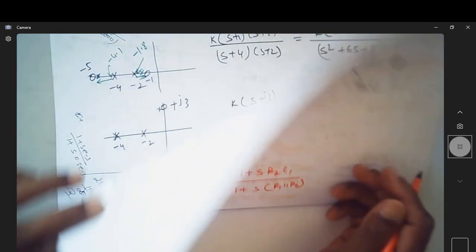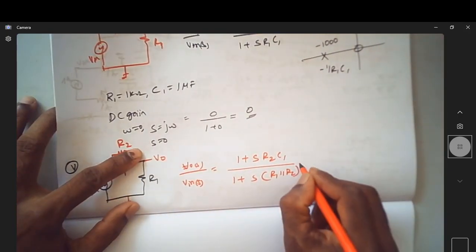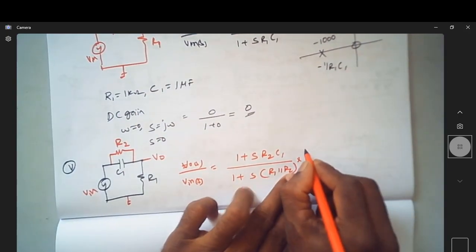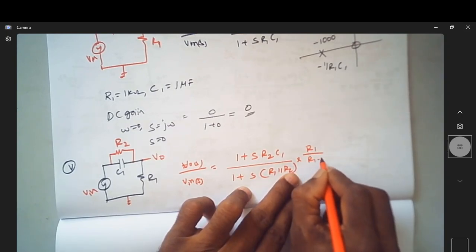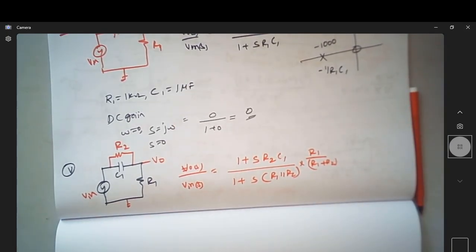The DC gain of this also changes, and in the numerator you also have R1 by R1 plus R2. This is the transfer function you will have.